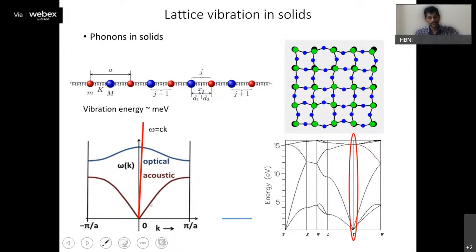Now if we want to investigate this using optical photons, or light, the dispersion of light is omega equal to ck, and this is very steep.